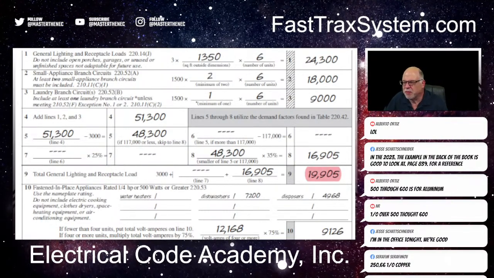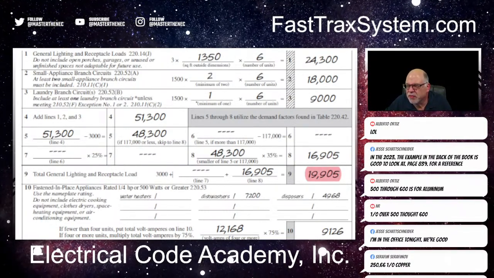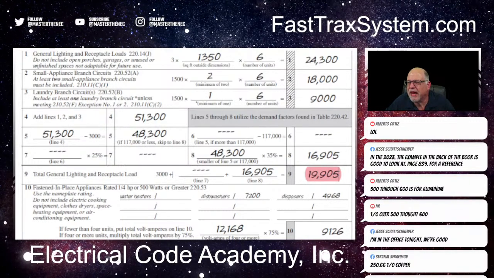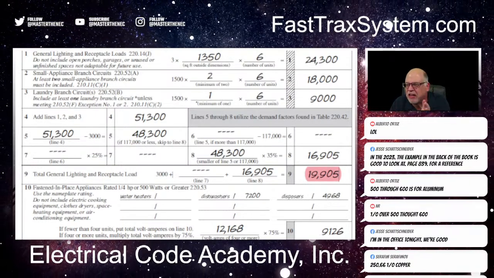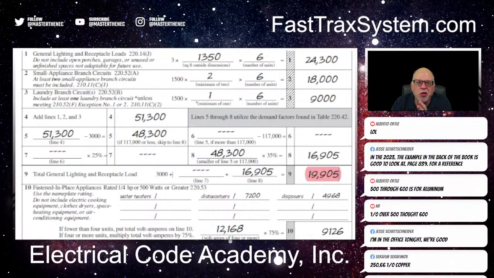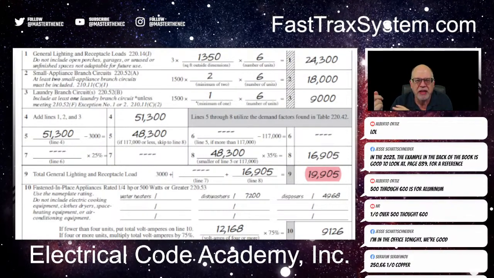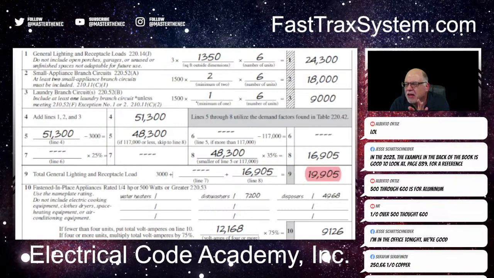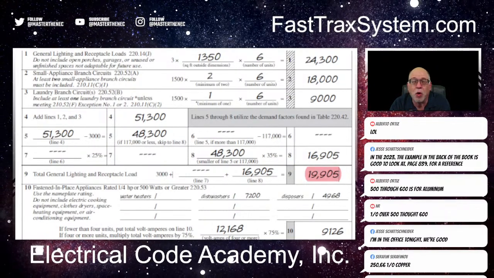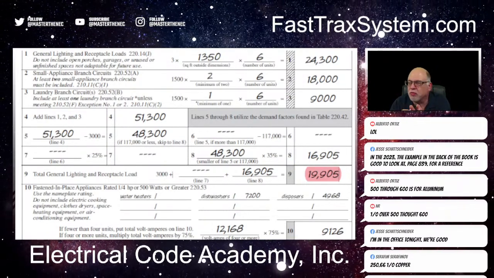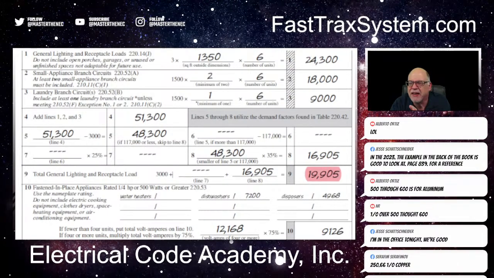What do we have? The water heater's 240 volts, so we can't use it, right? We had the dishwasher, that's a 120 volt load, so that's a neutral, so definitely you have to use that.